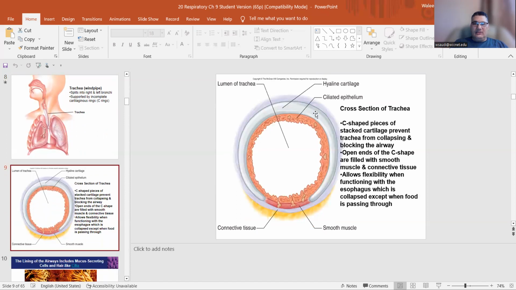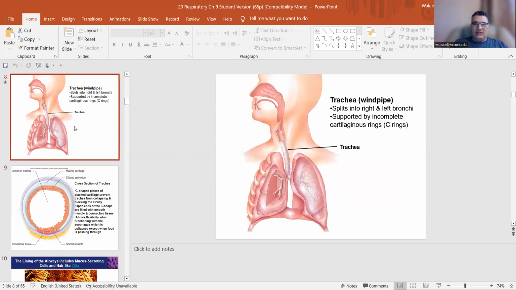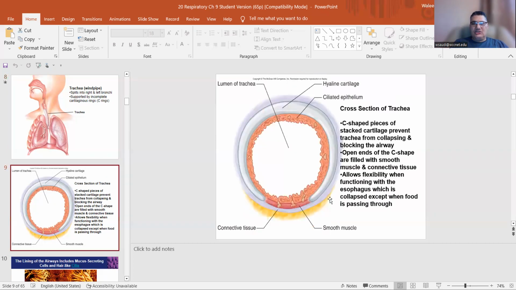If you look at this cut picture, this is not something that we can ask you about. If we want to ask you, we ask you about the basics, like this. Like any part of this, we can ask you about it, either what is this or what does it do. But this is just to show you that this is actually a C-shaped ring.